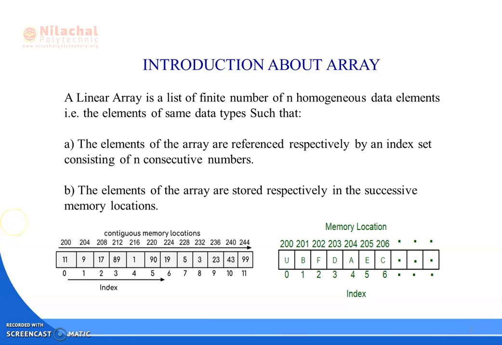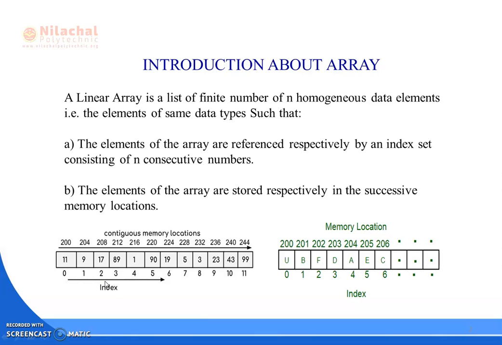It is of limited size or finite size, and it is referenced by the index set of index numbers, such as here in the diagram we can see this is an array of size 10, that from 0 to 11 we have 10 number of elements, and it is referenced by the index number starting from 0, 1, 2, 3, 4, and so on up to 11. All those are the index numbers.